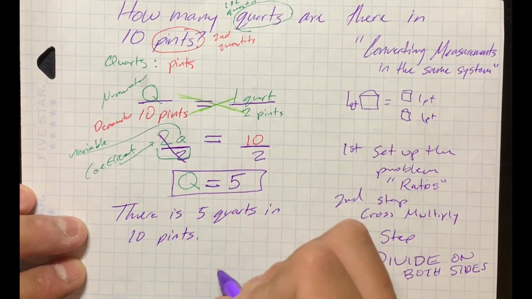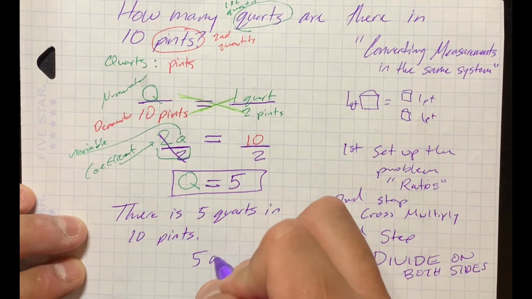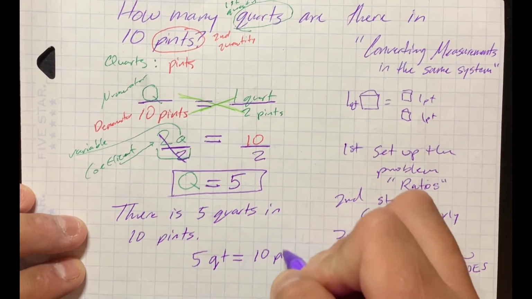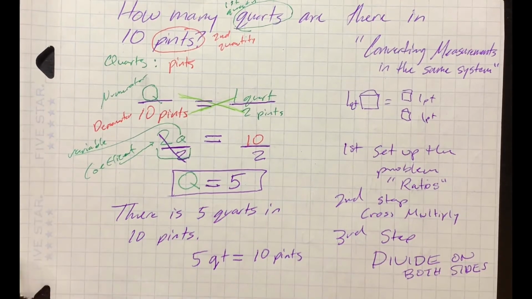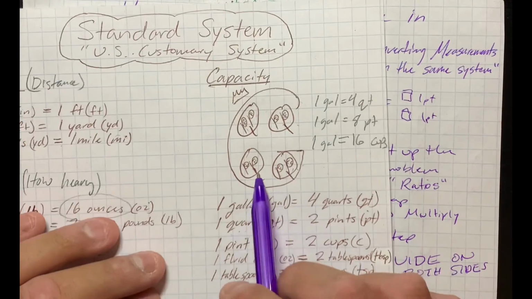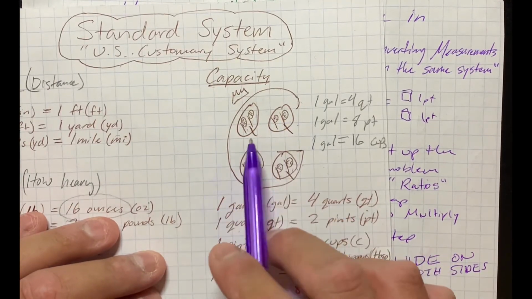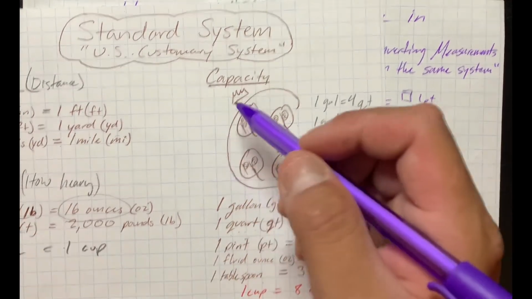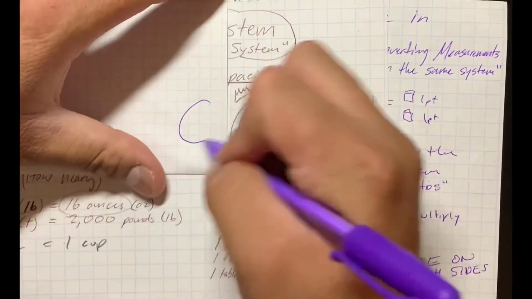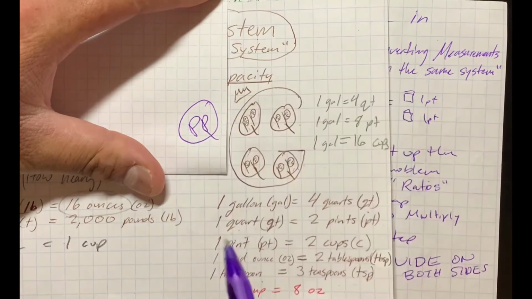In other words, 5 quarts is equivalent to 10 pints. All right. So if we were to show you on this, if we have 1, 2, 3, 4 quarts and we have a 5th quart, let me just get a blank one. If we have a 5th quart, we're going to count all the pints.